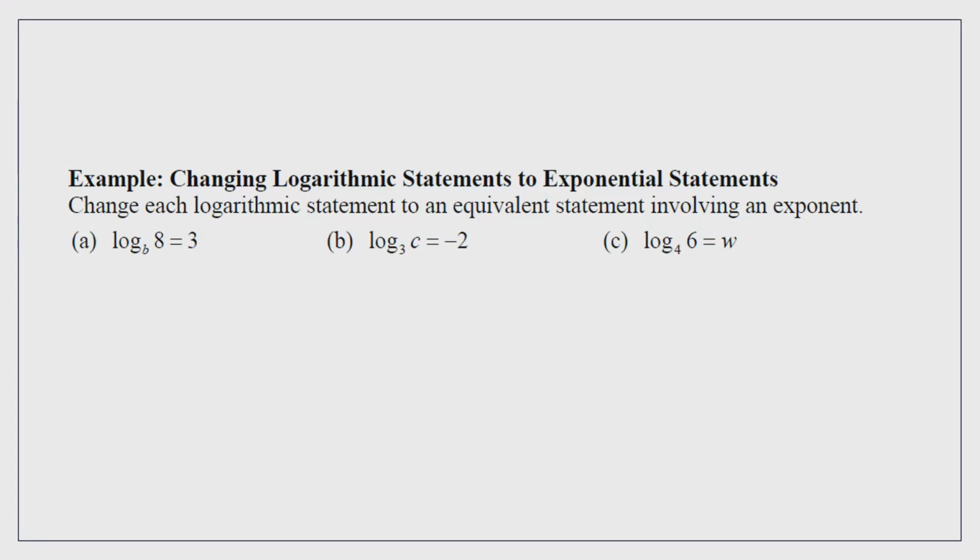So now let's convert from logarithmic statements to exponential statements. So we're going to change each of these logarithmic statements to an equivalent statement involving an exponent. Remember, the base is the same in logarithmic and exponential statements. It's the equal value and the power that switch.